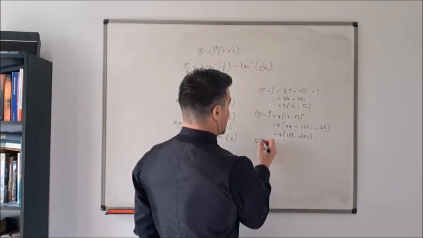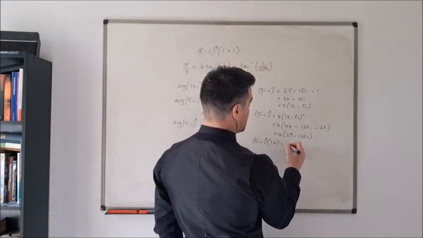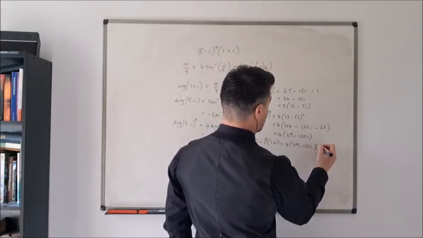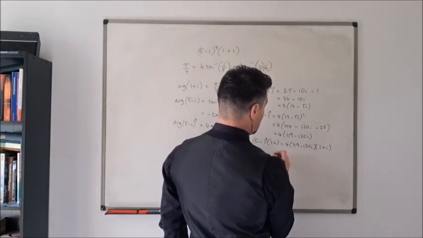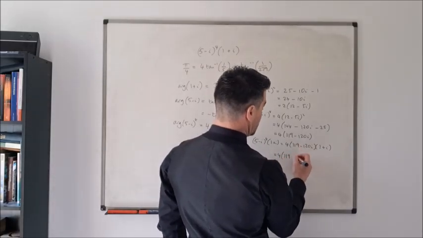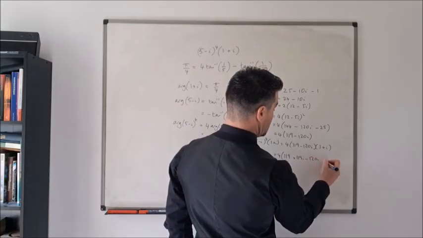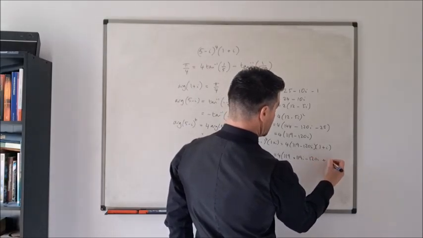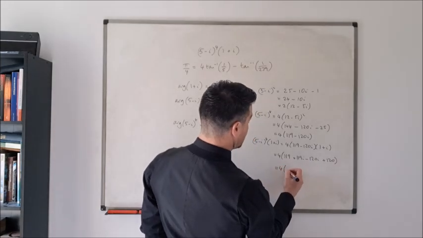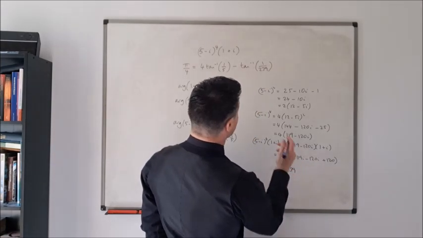So (5 minus i) to the power of 4 times (1 plus i) is equal to 4 times (119 minus 120i) times (1 plus i), which is 4 times (119 plus 119i minus 120i plus 120). Aha, okay, which is 4 times 239. That's a good sign.